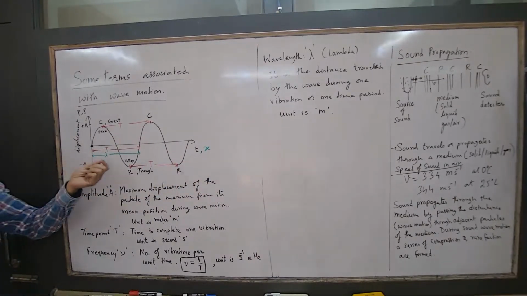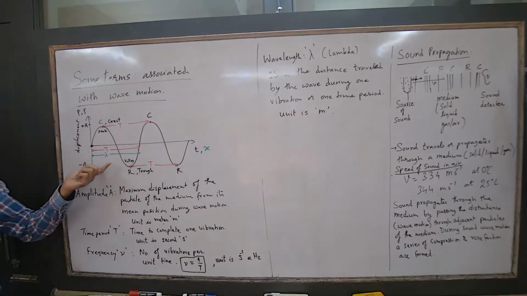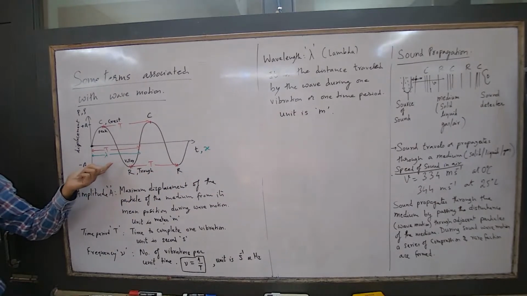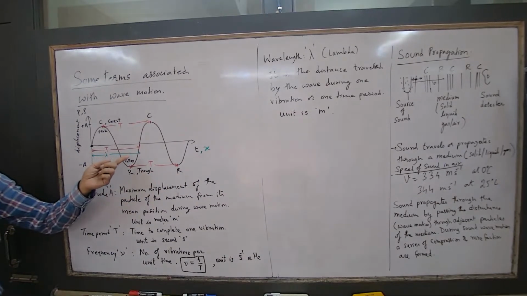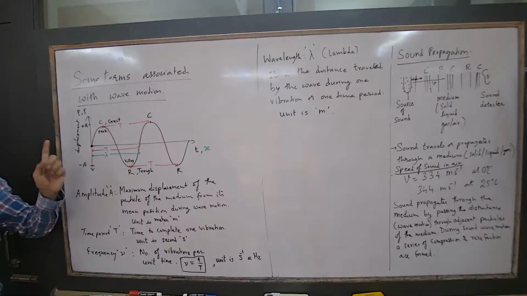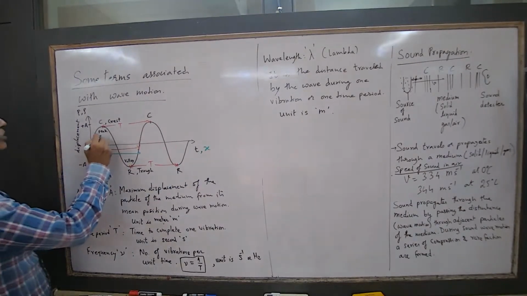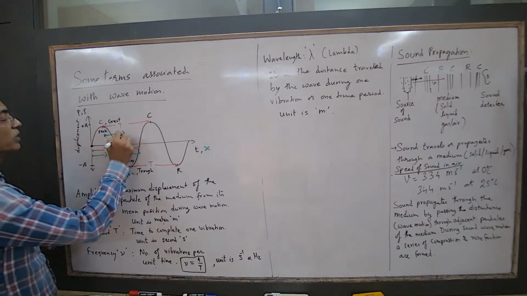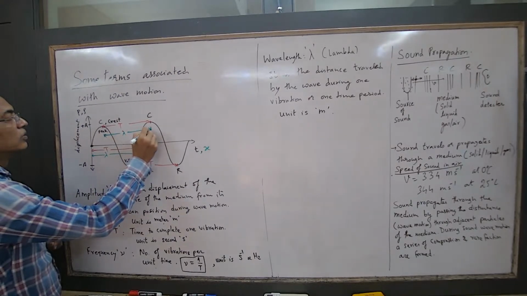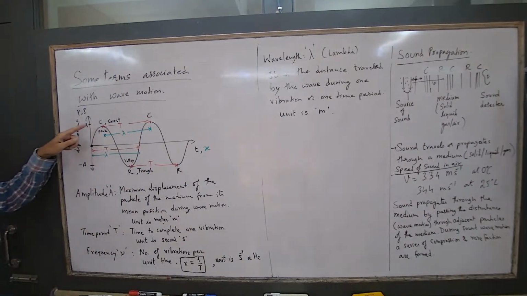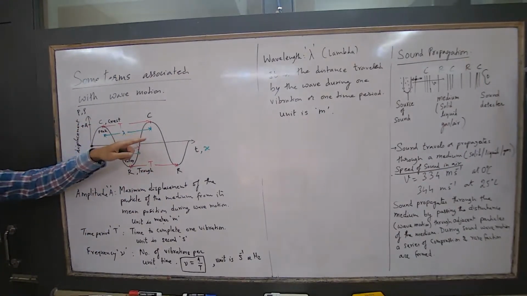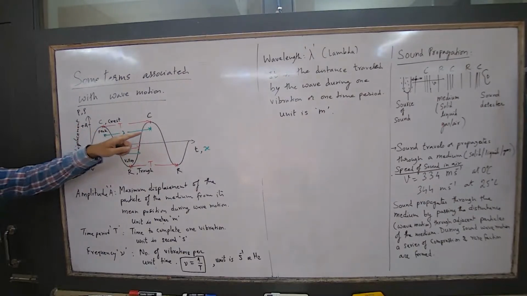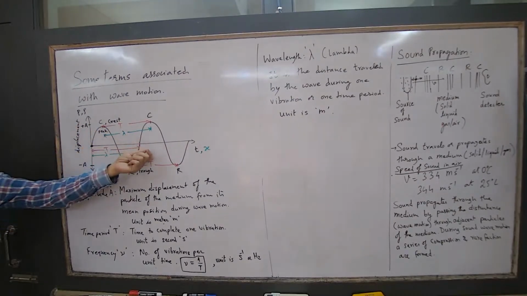So when the disturbance has traveled x distance, I mean lambda distance, how much time has it taken? One time period. That is wavelength. So it is also this distance when the vibration is going from one crest to another crest or from one compression to another compression. In that time the disturbance travels how much?